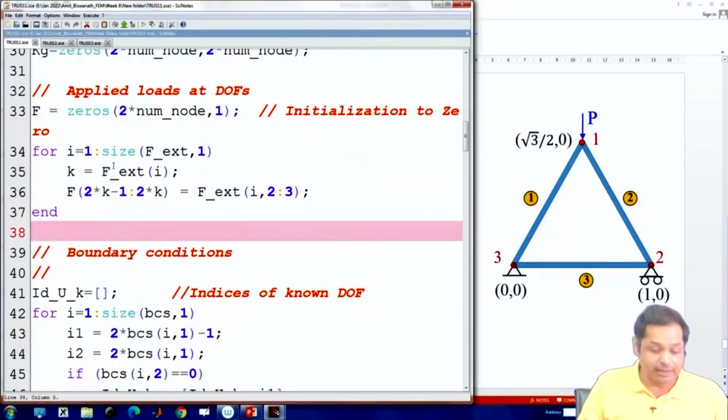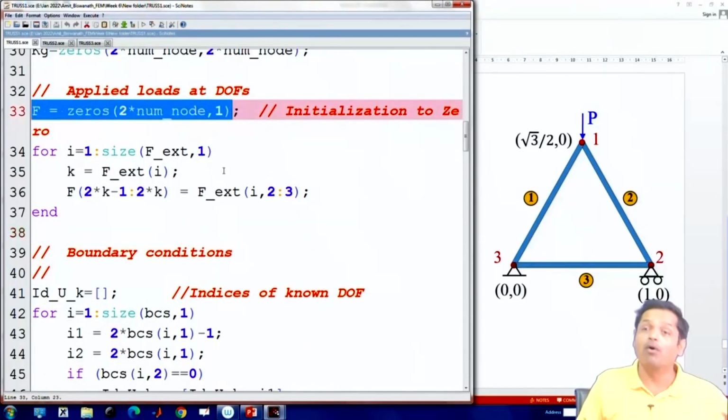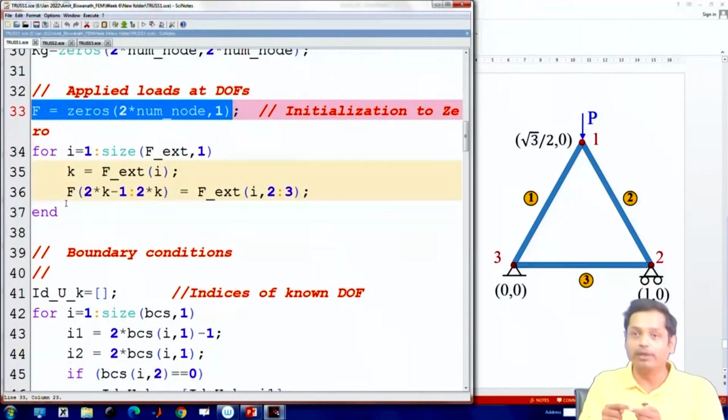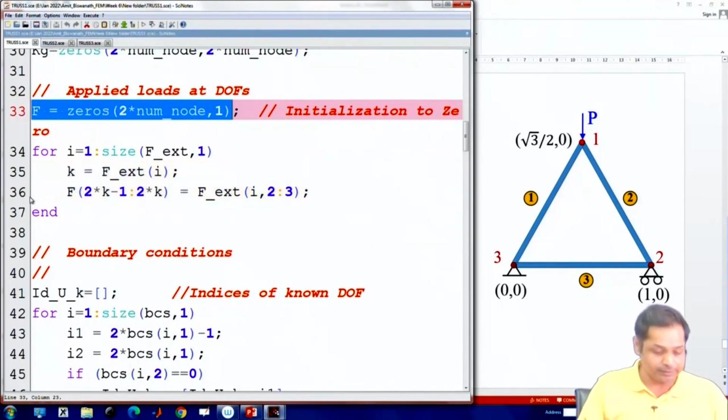It reads every element in the F external vector and, based on that information, modifies the global load vector, keeping all other entries at 0. So now we have the global load vector, we have initialized the displacement vector, and we have also initialized the global stiffness matrix.